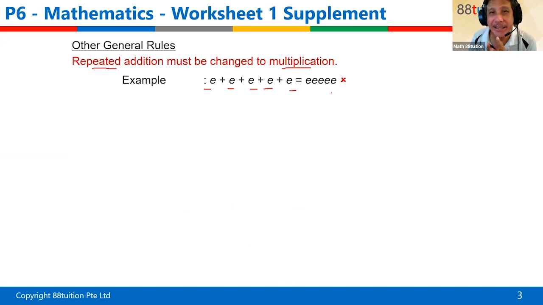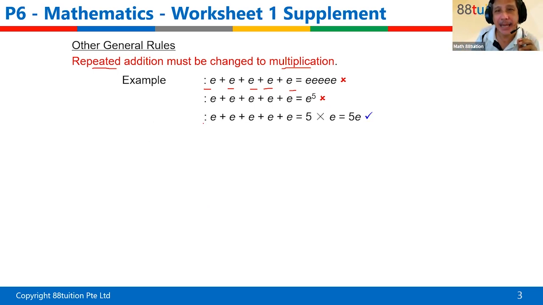If not, then you don't join. Now, E plus E plus E plus E plus E is also not E with a little 5 written on top. That is not right. What we do is, since there are 5 of the E's, I will just write it as 5 times E, and therefore it is known as 5E.